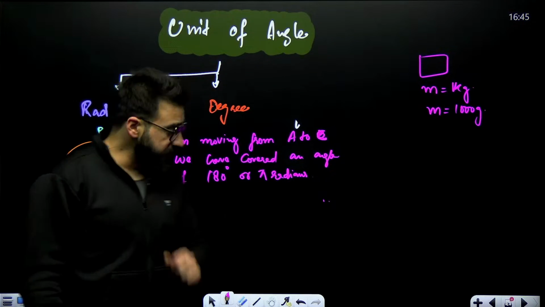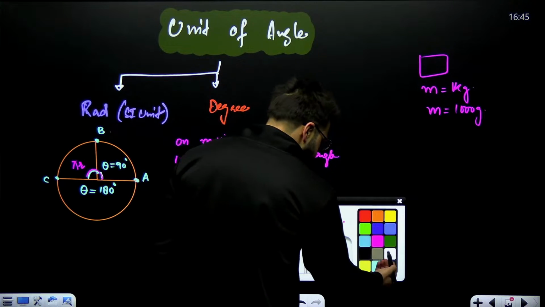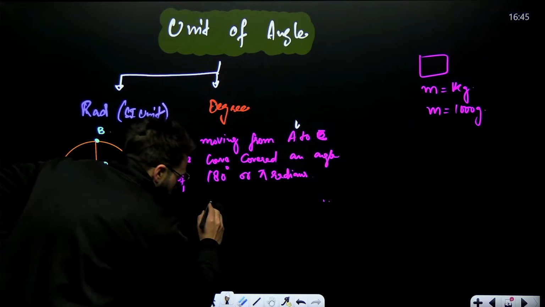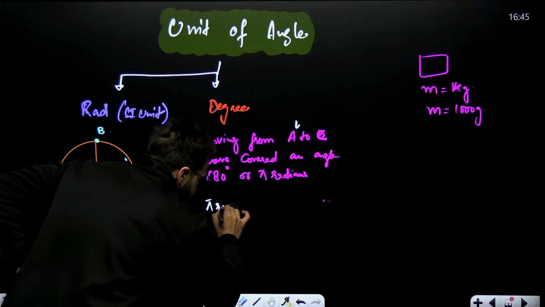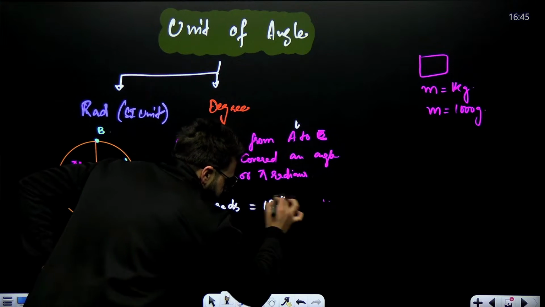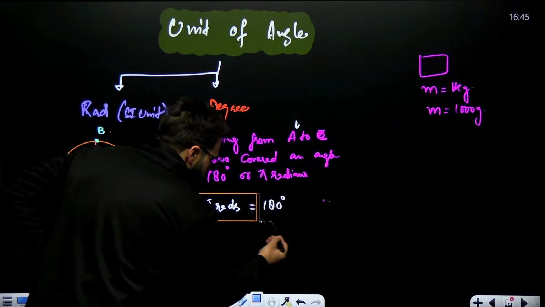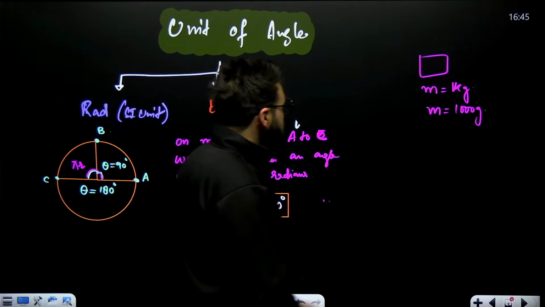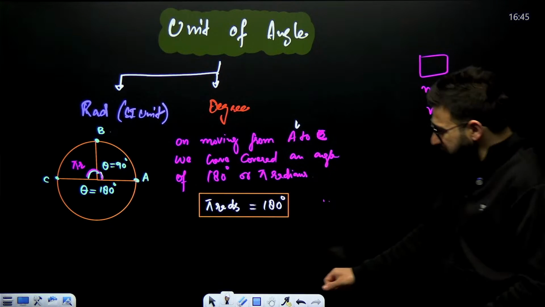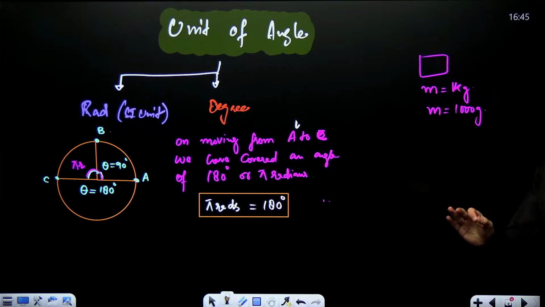In terms of degrees, it is 180 degrees. So I can say from here, pi radians is equal to 180 degrees. Keep this in the box. That is, from now onwards, like we say 1000 grams is equal to 1 kg, similarly, you say pi radians is equal to 180 degrees.